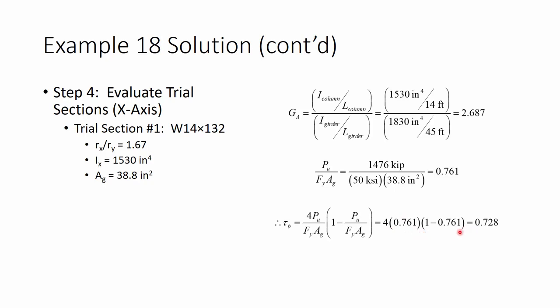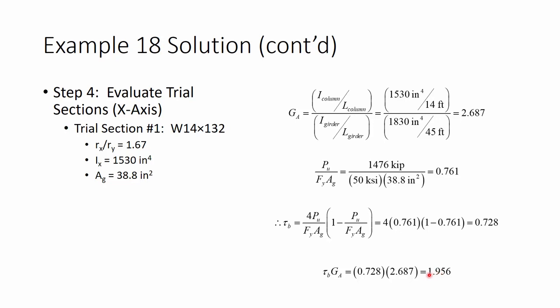It makes this calculation a lot easier if you just use the value that you've already computed in the previous step. So that comes out to be about 0.73. Then take the tau times the G, and you should get about 1.956. So 0.728 times 2.687 comes out to about 1.956.